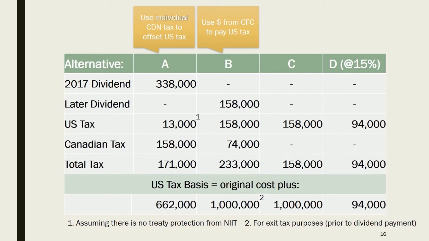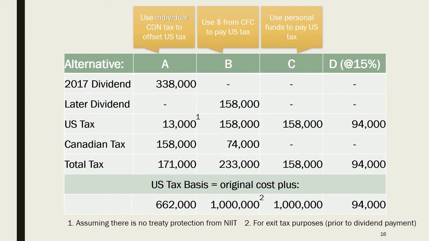Right? Okay, option C, we're going to use personal funds. We're going to use our savings account to pay $158,000 to the U.S., or we're going to sell our house. Whatever, we're going to use money that's outside the corporation. That means we're only going to pay $158,000, and we're going to have $1 million basis in our shares.